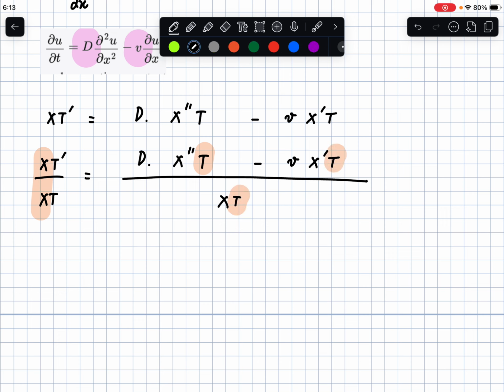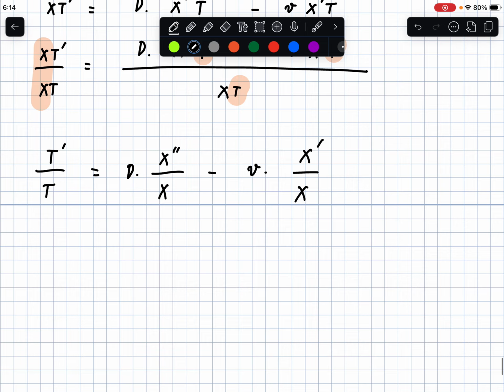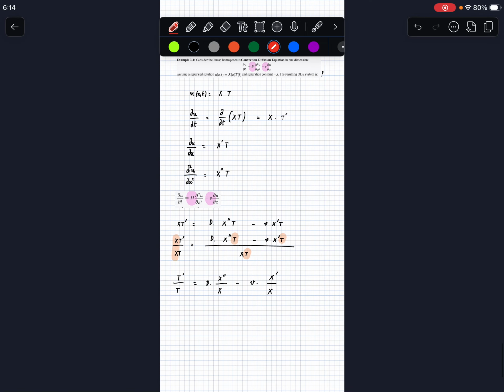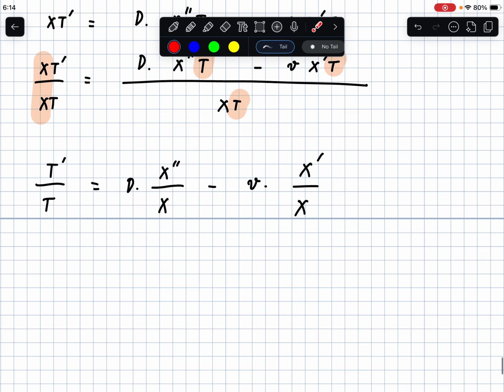You have T prime over T equal to D times X double prime over X minus v X prime over X. And they told us to use the separation constant minus lambda, so I let it be minus lambda.